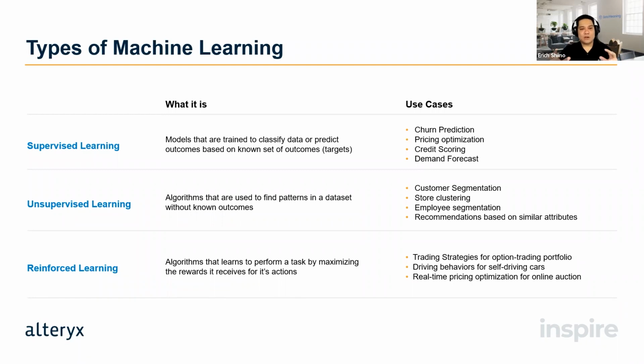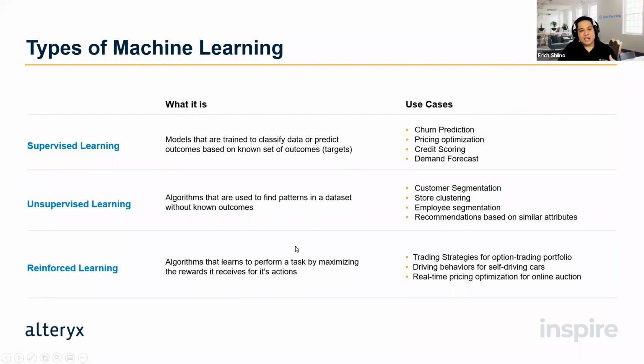And those algorithms are going to cluster, organize the clients by similarity. That's why we can cover customer segmentation or store clustering, employee segmentation, and so on. The difference is that I'm just providing the data and I didn't choose any specific target.